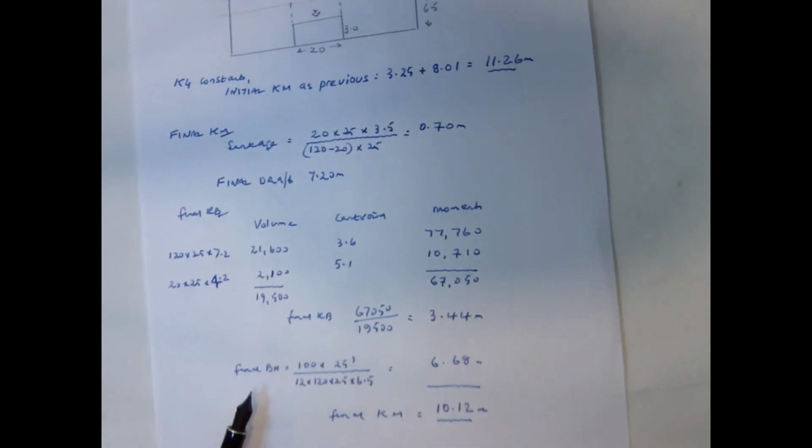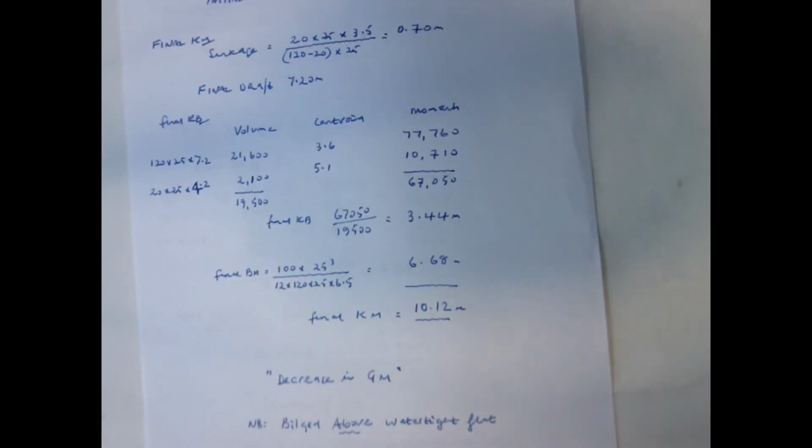But where it changes again, of course, is the BM has to be 100 by 25 cubed over 12, not 120. So it gives us a final KM of 10.12, and of course in this instance we have a decrease in GM. So that's the three examples I've used to show you how the GM can change, increase or decrease when we're bilged.